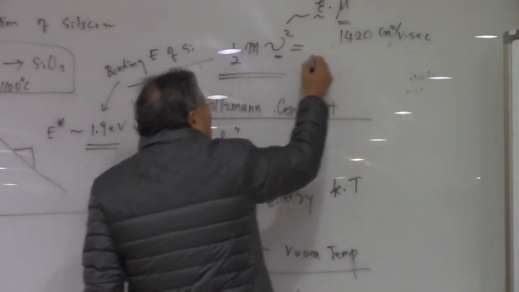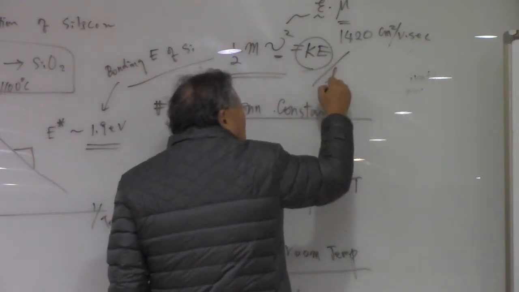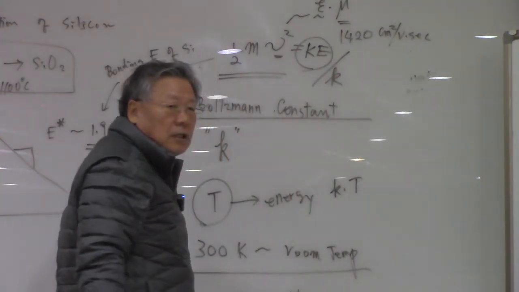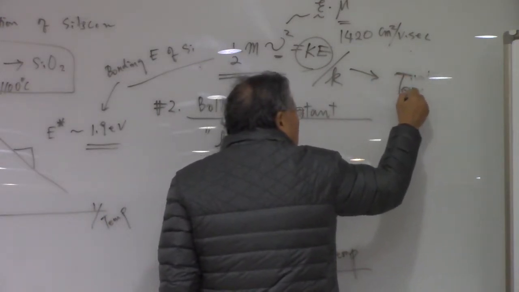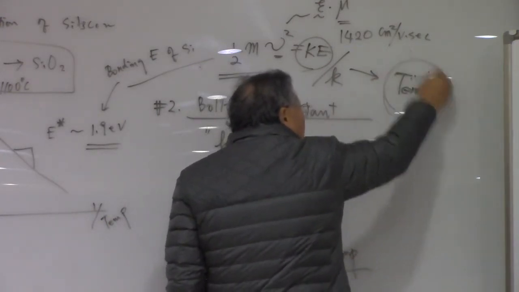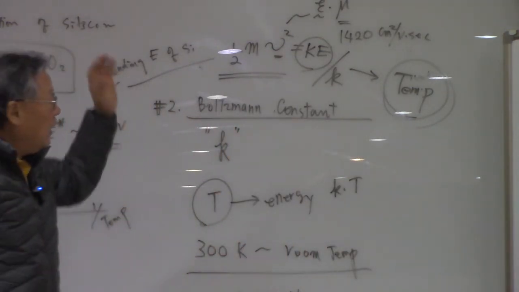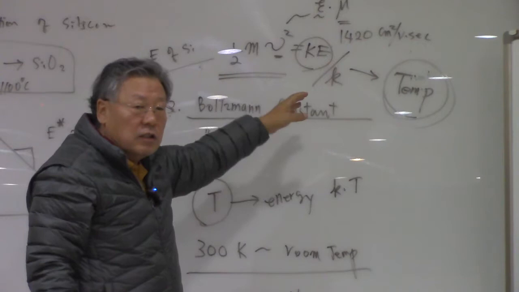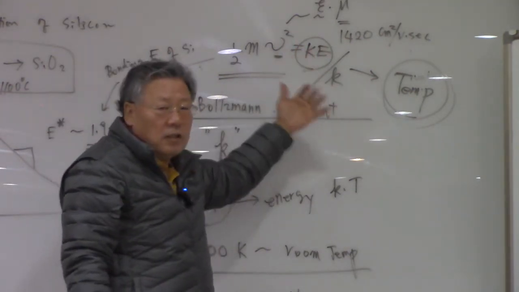If you divide that kinetic energy by the Boltzmann constant, you end up with the temperature, and this temperature corresponds to the kinetic energy of the electrons obtained by the electric field, not the temperature.